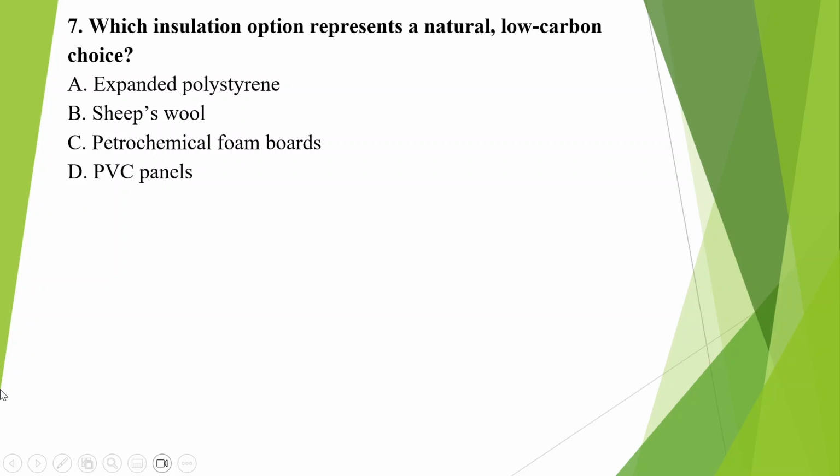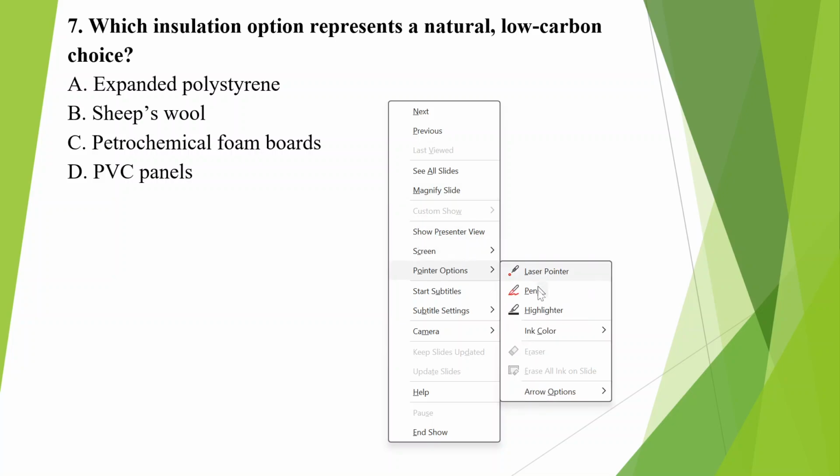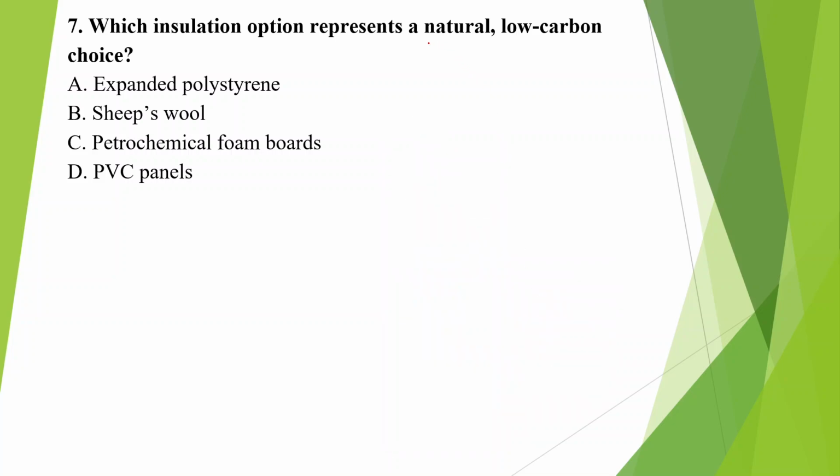The question has asked which insulation option represents a natural low carbon choice. So it is talking about natural and low carbon, as you can see from the question itself.